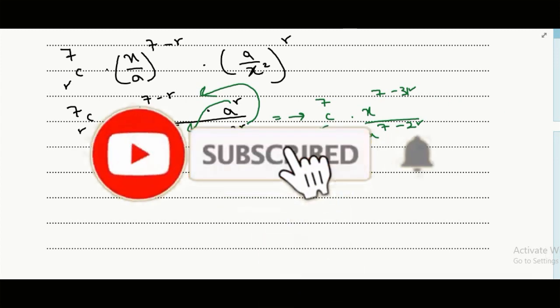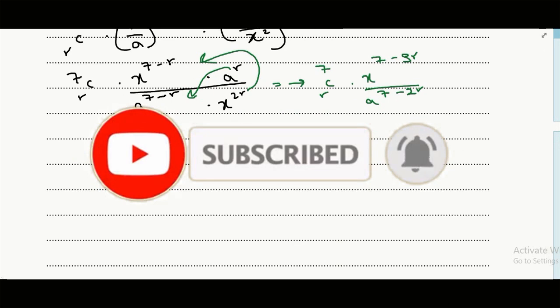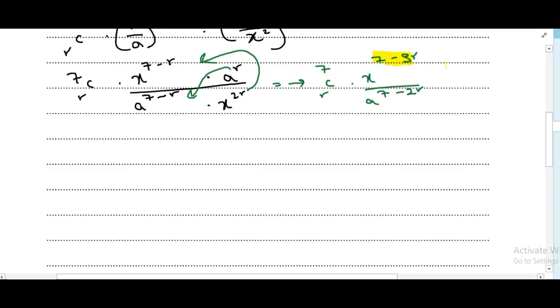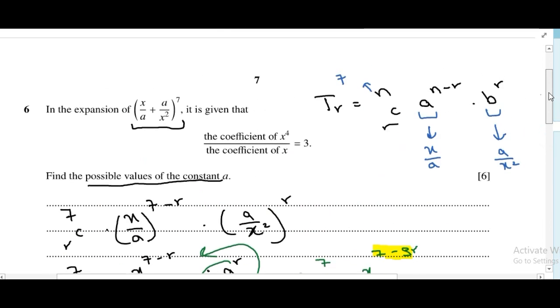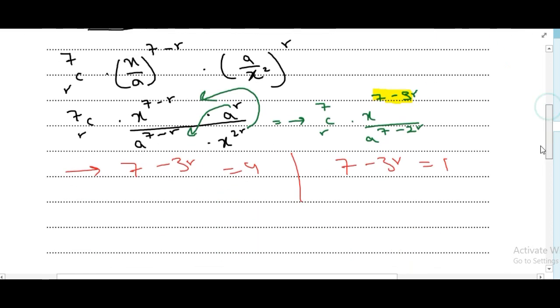Now, in order to find the value of r, we are going to equate 7 minus 3r first as 4, and then 7 minus 3r as 1. Why? Because over here the power of x was once 4 and once it was 1 as well.